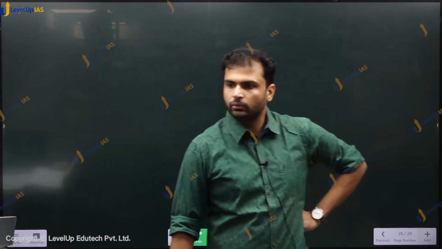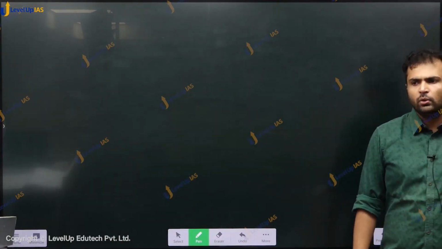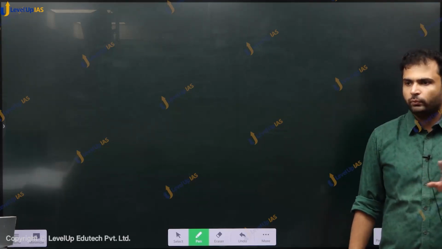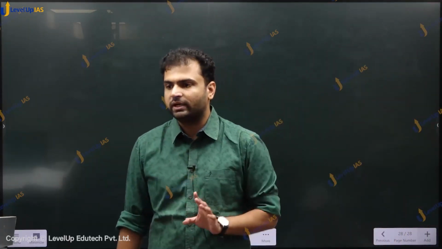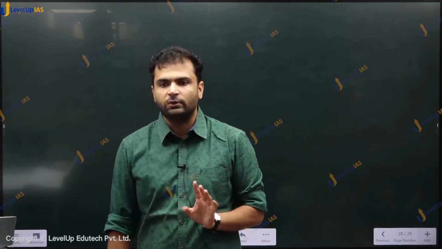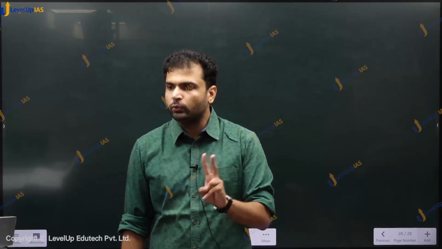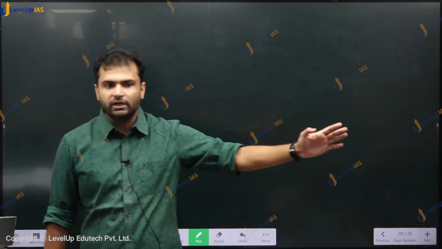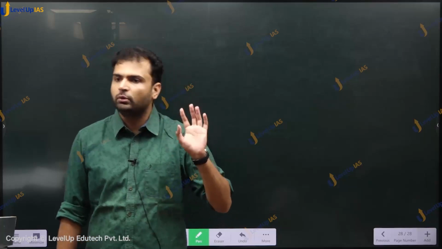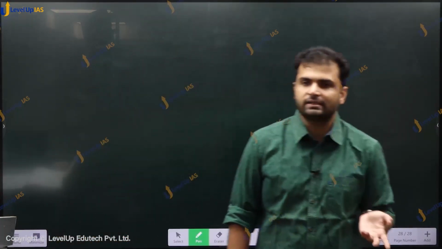Number ending with 2. The first thing we learned here is that only the units place matters. Whenever we are taking a power and talking about units place, only the units place matters. So whatever number is given in the CSE 2023 question, what will matter? Only 2 will matter, 2 and the power. The rest of the digits are irrelevant. Whatever you write there, it doesn't matter as far as units place is concerned.